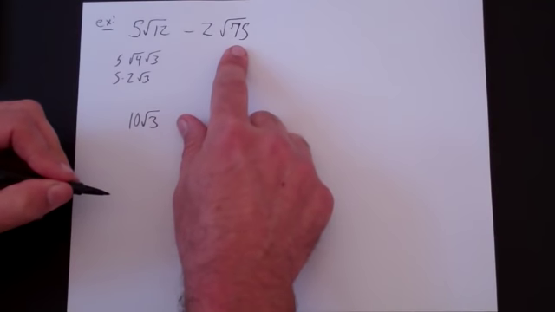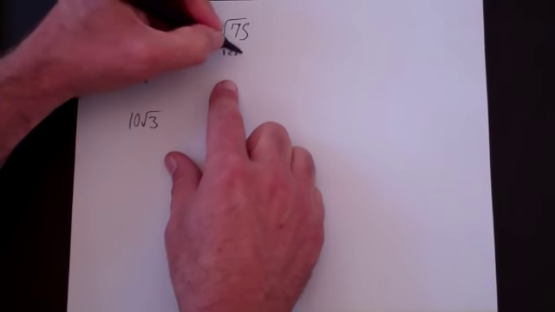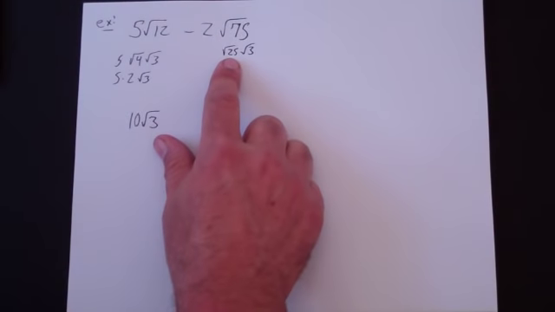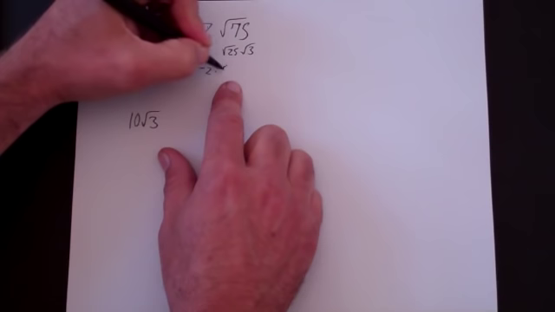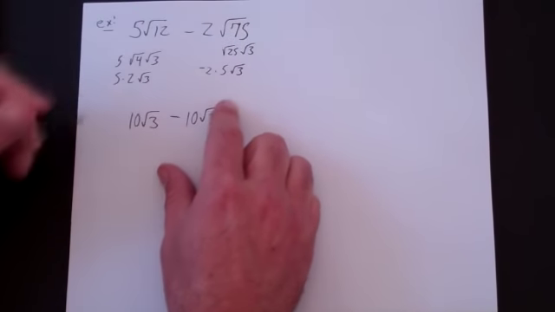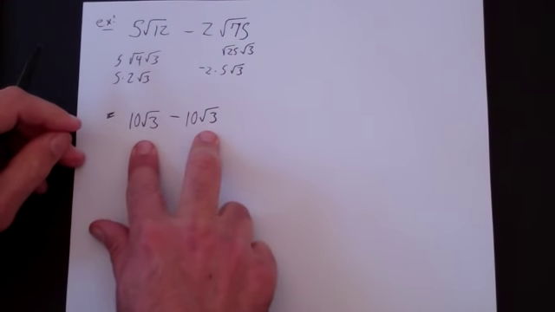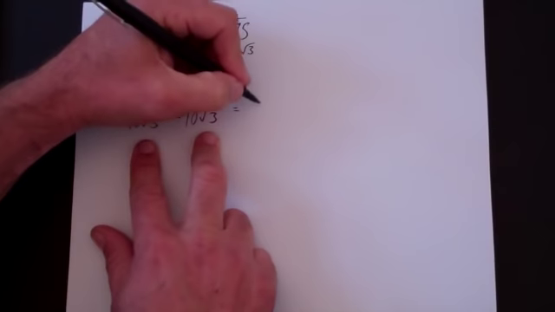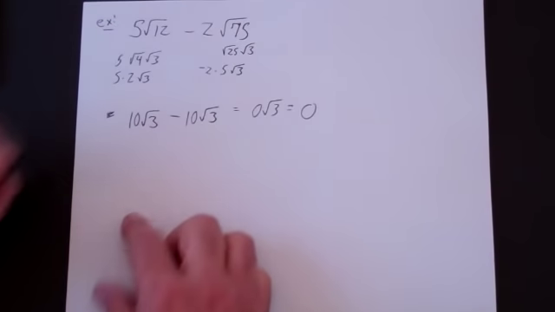And this is 75. 75 would be 25 and 3. And root 25 is 5, so that's minus 2 times 5 times root 3, so that's minus 10 root 3. Now you have 10 root 3 minus 10 root 3, which is 0 root 3, but 0 times root 3 is just 0.